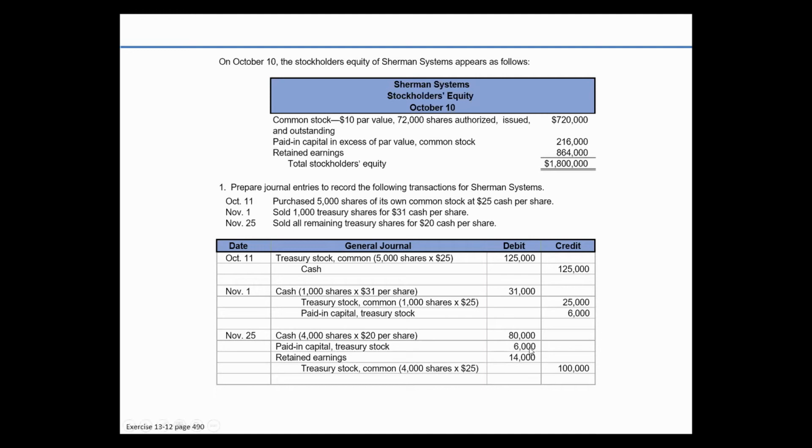Then we also have the retained earnings of $14,000 debit. And then we would credit the treasury stock common, 4,000 shares at 25, for 100,000, which is the amount that we purchased them for.